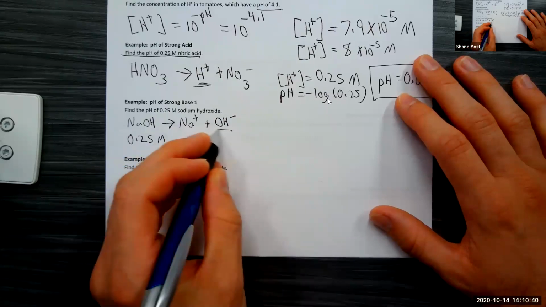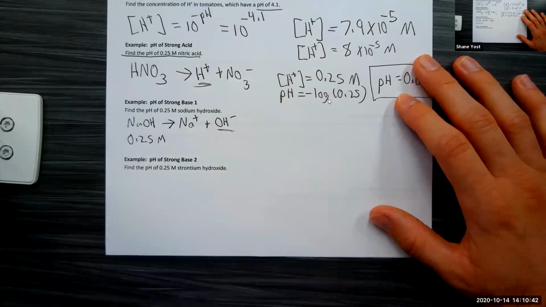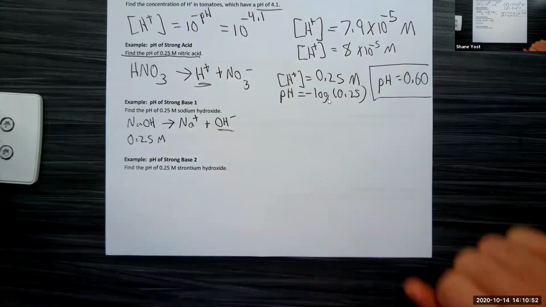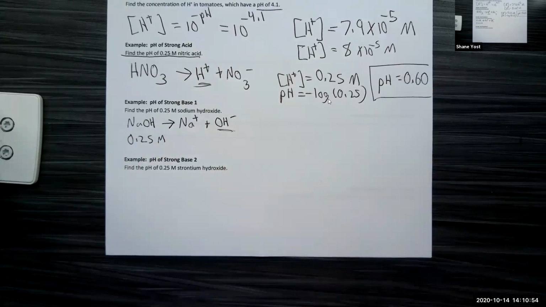And what's the concentration of OH minus here, the hydroxide? If 100% of NaOH dissociates, what's going to be that final concentration of hydroxide?